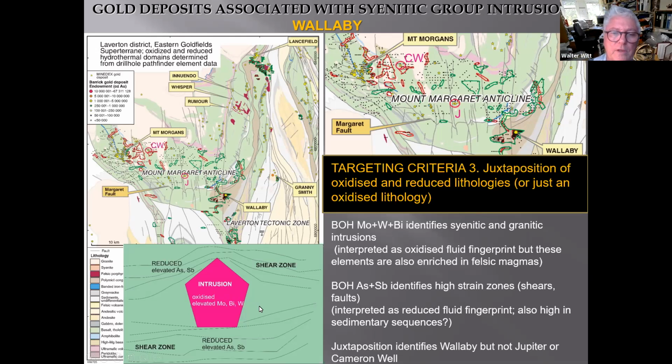So it's a very common gold setting in the Yilgarn and for orogenic gold deposits globally. And the intrusion will be oxidized and have elevated molybdenum, bismuth and tungsten, whereas the encompassing shear zones will have elevated arsenic and antimony.